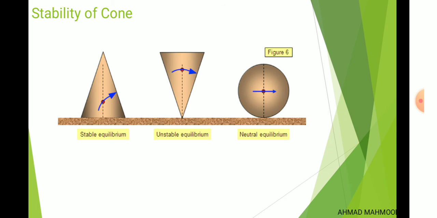So these are the three types of stability: stable, unstable, and neutral equilibrium. The first cone is stable. The second cone is unstable because if it's given a slight push, it will topple and will not come back to its original position, the position shown in the picture. And the neutral equilibrium, it will have no effect.